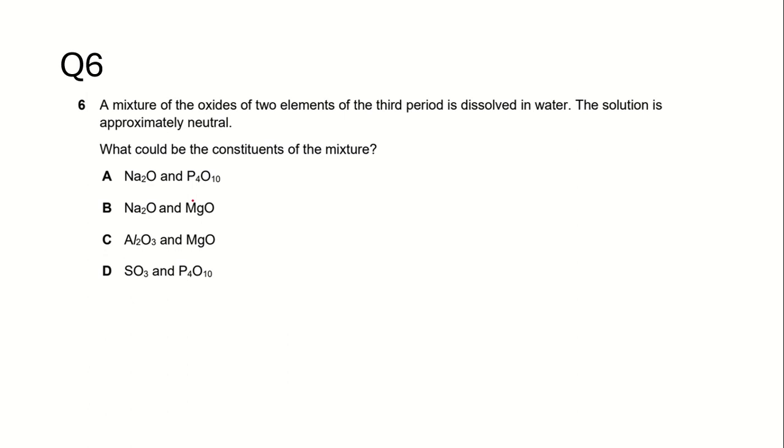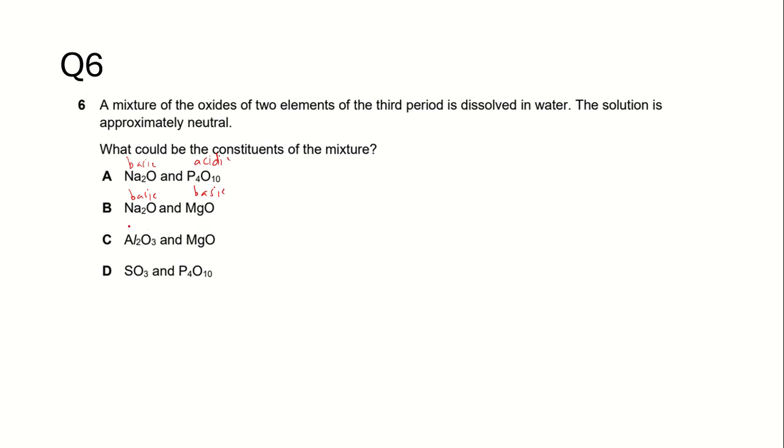All right, let's look at A. Sodium oxide is basic. I have sodium oxide in B also. Phosphorus oxide is a non-metal oxide, so it is acidic. Magnesium oxide should be basic, but the solubility is low, so I still write basic, although it's not so basic.